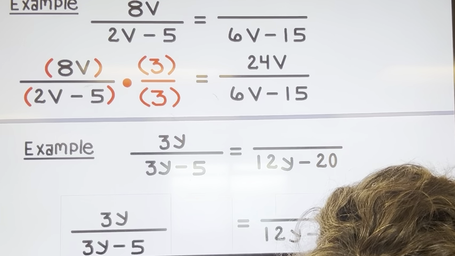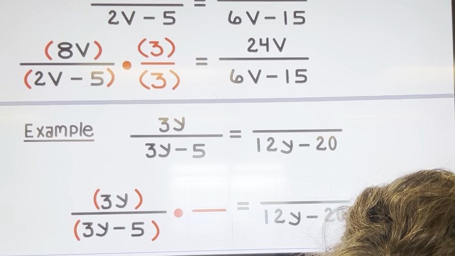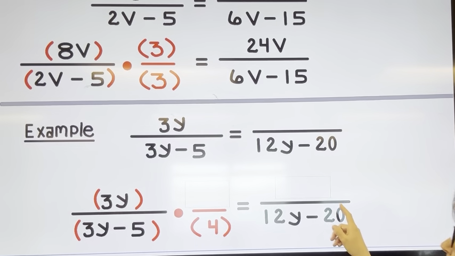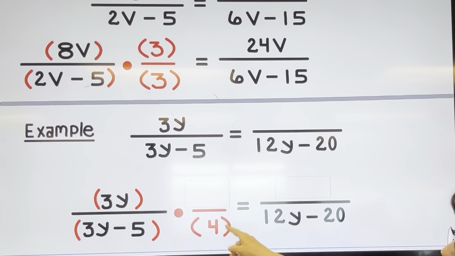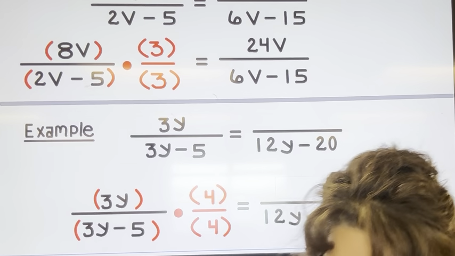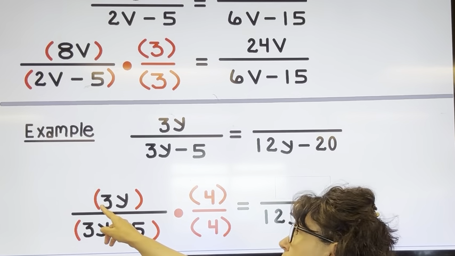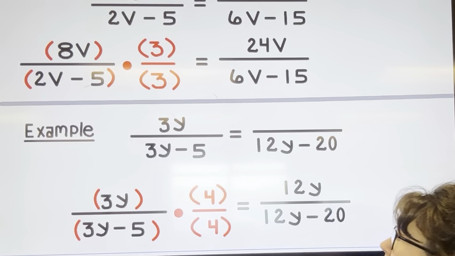So what we'll do is multiply the original fraction by 4 in the denominator. 4 times 3y is 12y. 4 times negative 5, negative 20. But what I do to the bottom, got to do to the top. So 3y's multiplied by 4. 3 times 4 times y is 12y.